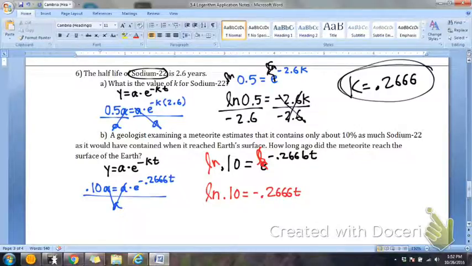Okay, Tracy, what do I do here? Talk to me a little louder. Dividing, okay. Negative 0.2666 on both sides. Excellent. And now we rely on our calculator. If you forget to put the negative in on your calculator, your answer is going to be negative. And you can't have negative time, right?